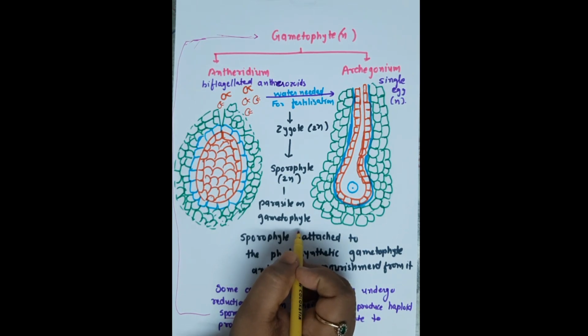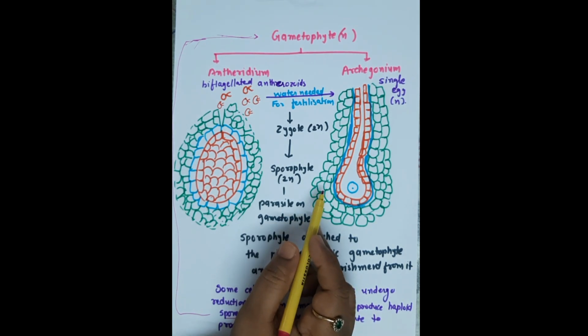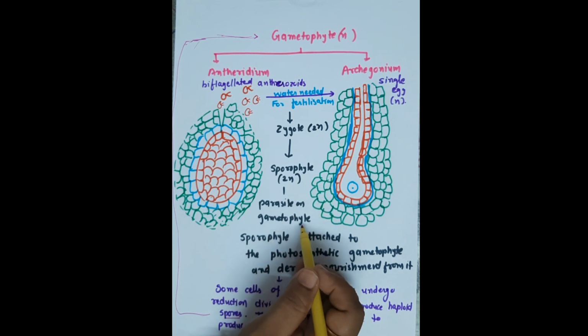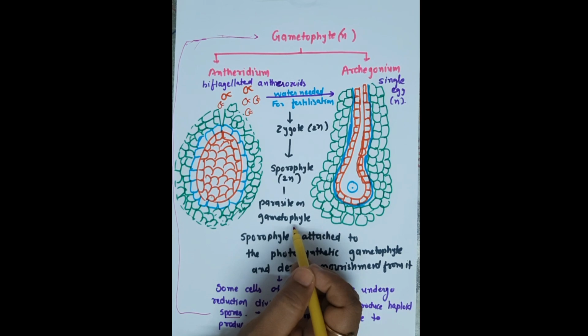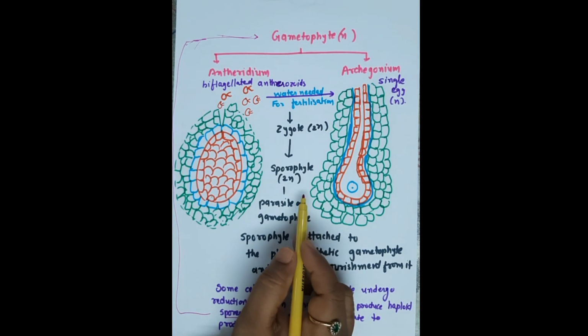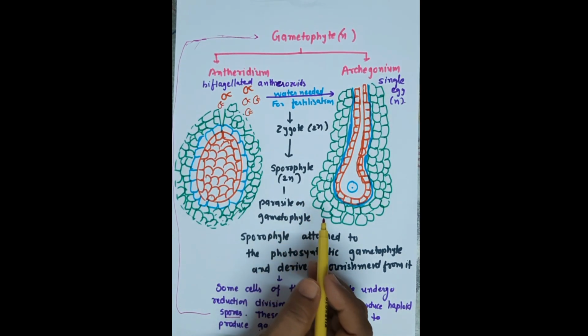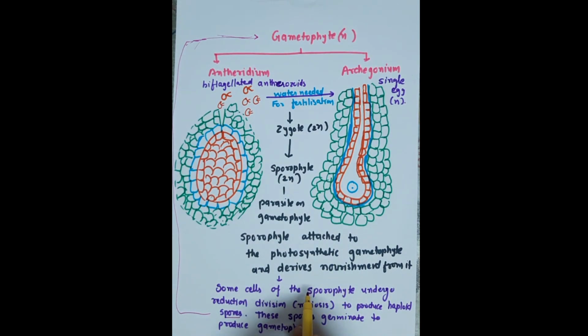So again, the gametophyte is photosynthetic and independent, but the sporophyte depends on the gametophyte. So here the gametophyte is the main phase, the sporophyte is subsidiary. Okay, and the sporophyte absorbs nutrition and minerals from the gametophyte.